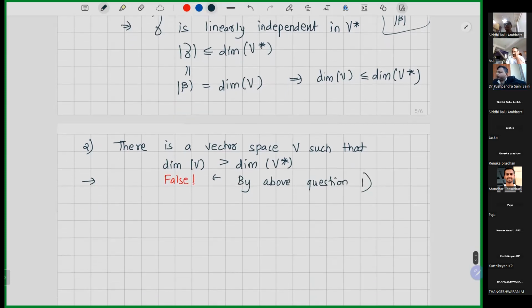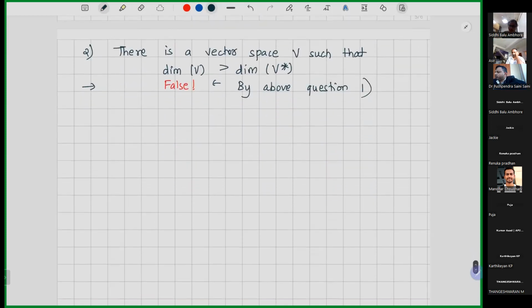V was any arbitrary vector space, whether finite or infinite, we didn't care. We just started with the basis beta_i, and the index set I was any set of finite, infinite, countable or uncountable cardinality.